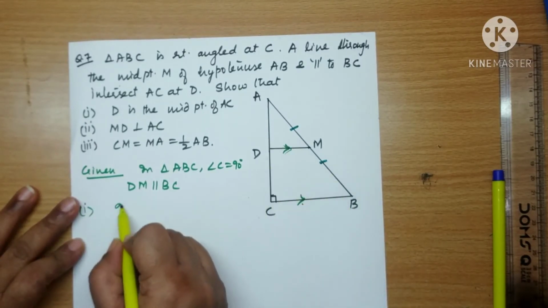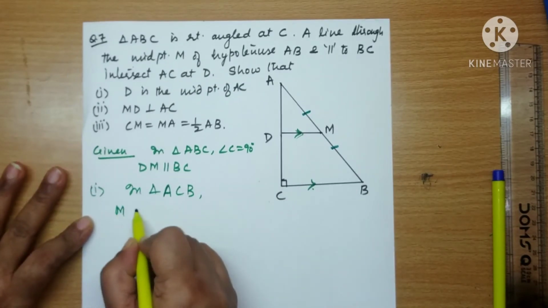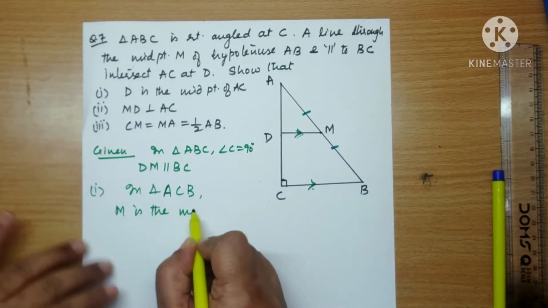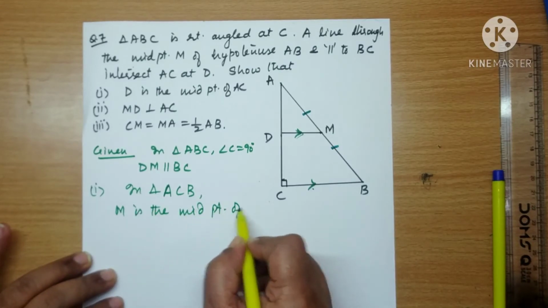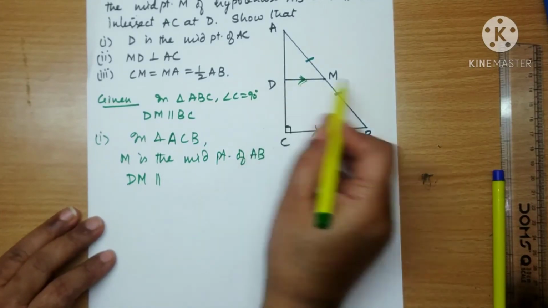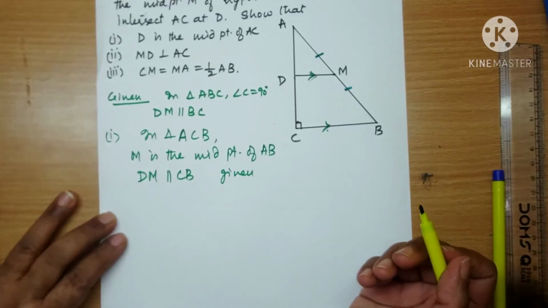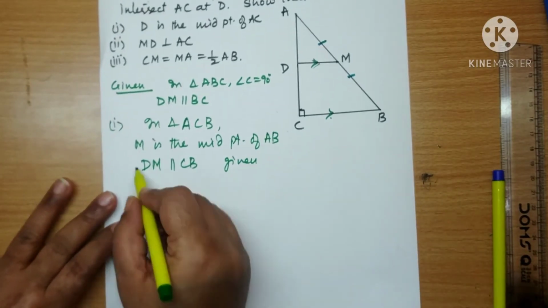See, in triangle ACB, M is the midpoint of AB and DM is parallel to CB, given. So necessary sufficient conditions for converse of midpoint theorem.